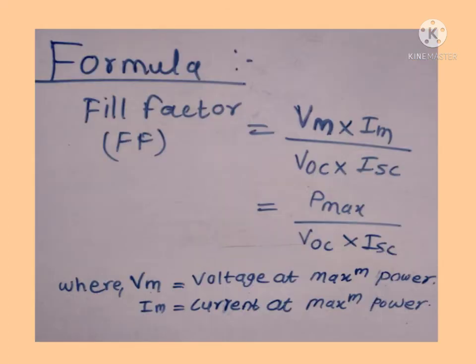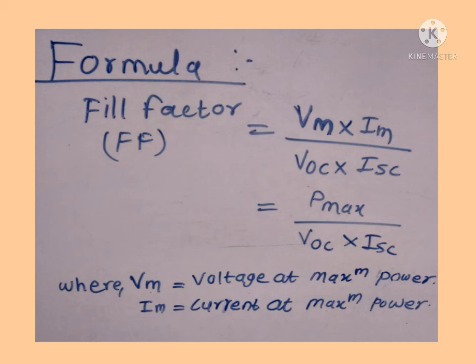From the observed values of voltage and current, we find the fill factor of the solar cell. Fill factor is the relationship between the maximum power that the solar cell can actually provide under normal operating condition and the product of open circuit voltage times short circuit current, that is VOC into ISC.